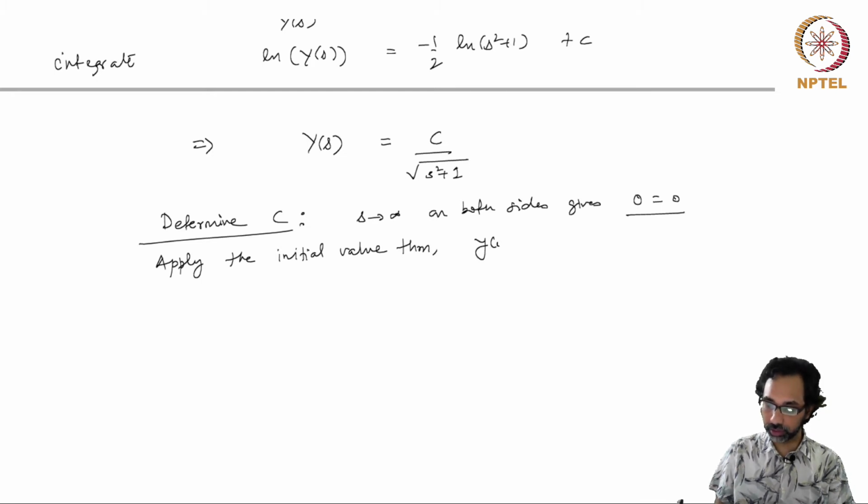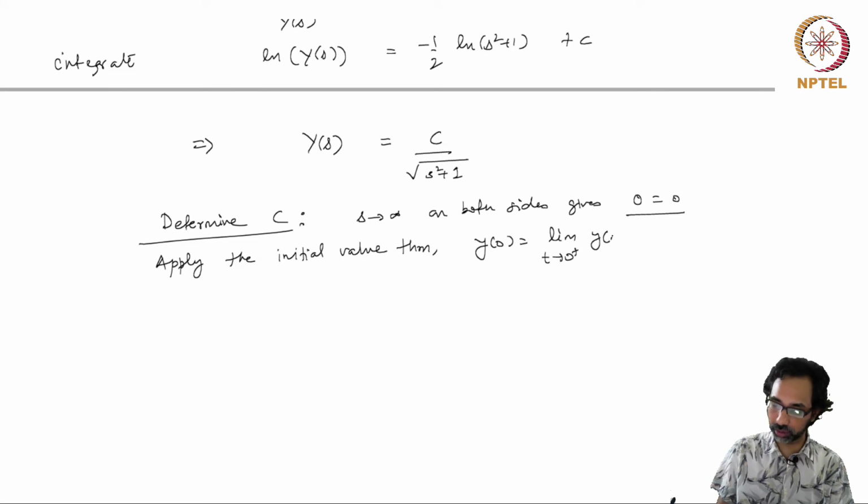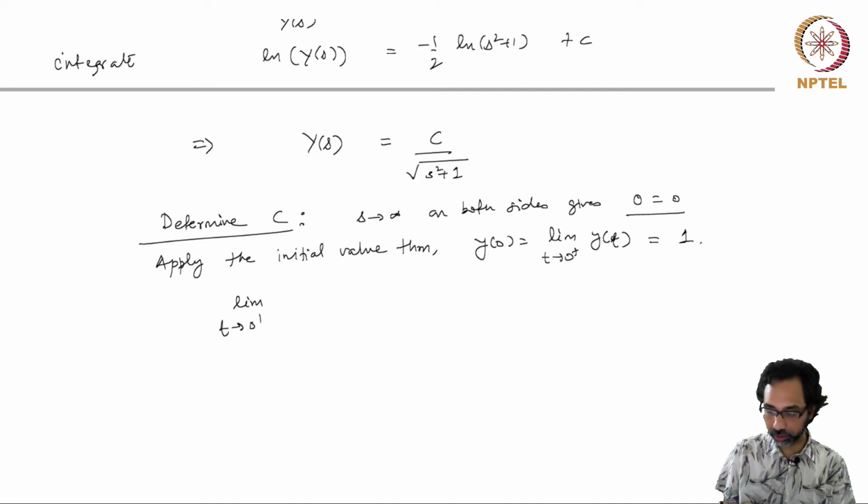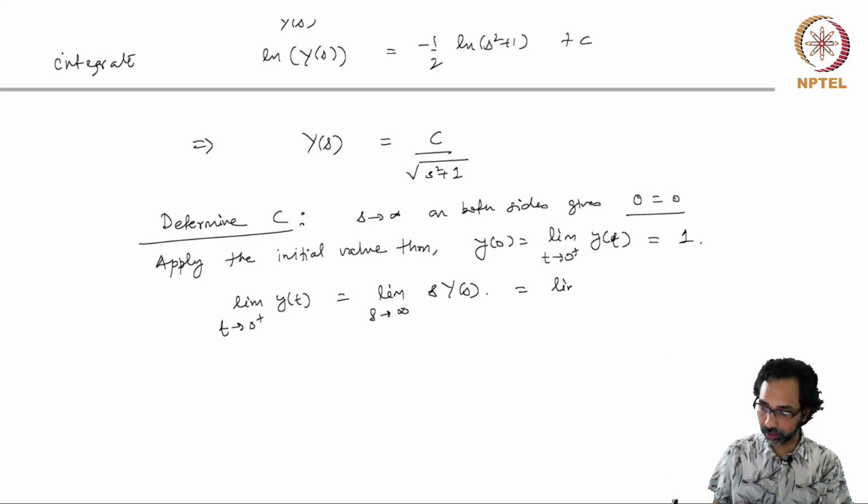We know that y(0), the limit as t tends to 0+ of y(t), is given as 1, and this equals the limit as s tends to infinity of sY(s), which is the limit of cs/√(s² + 1).